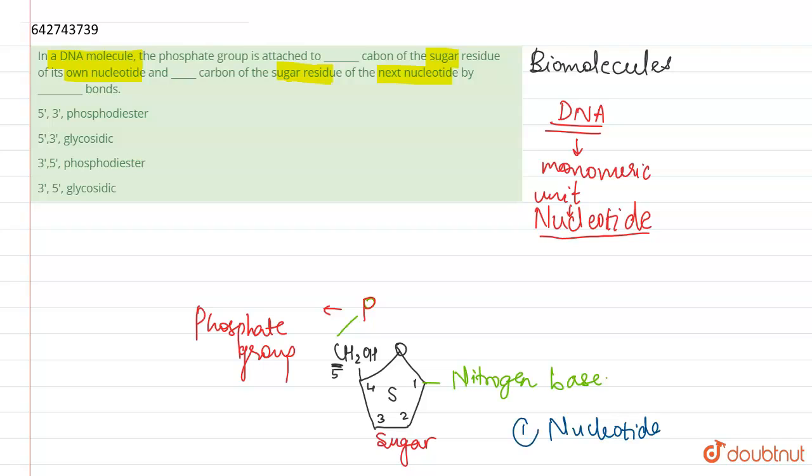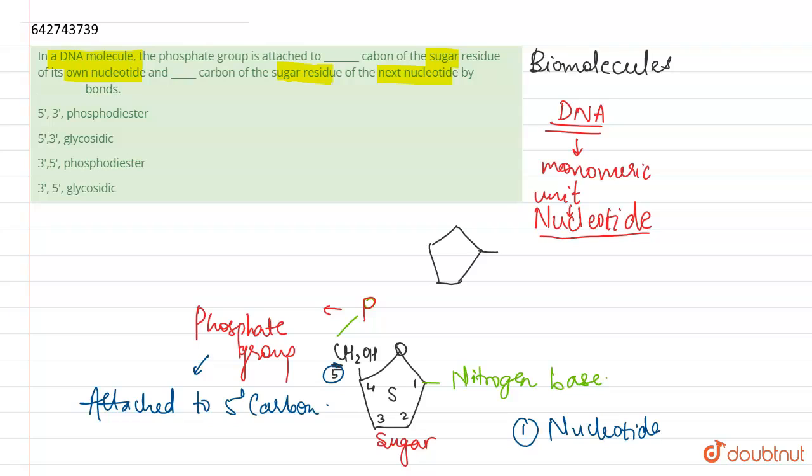So let's consider this is our nucleotide number 1. Here if you see, the phosphate is attached to the fifth carbon of the first sugar residue. Now you have to consider one more nucleotide as per the demand of the question. So here is the second nucleotide, the sugar.